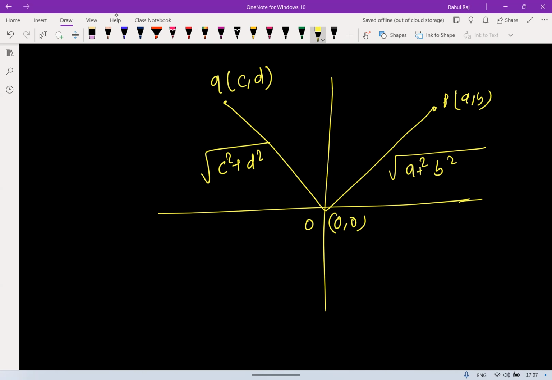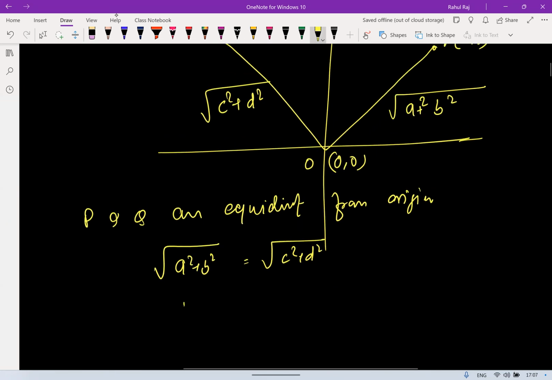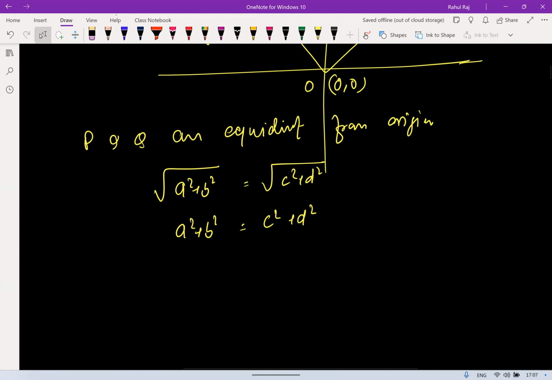And if I say P and Q are equidistant from the origin, can I say root A square plus B square is equal to root C square plus D square? That is nothing but A square plus B square is equal to C square plus D square. Am I right? Agreed?